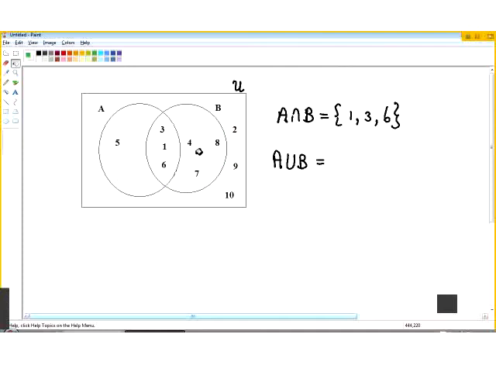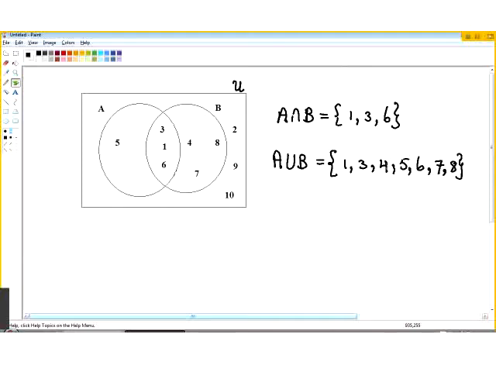So for A union B, first you put your curly brackets, and we go 1, 3, 4, 5, 6, 7, 8.